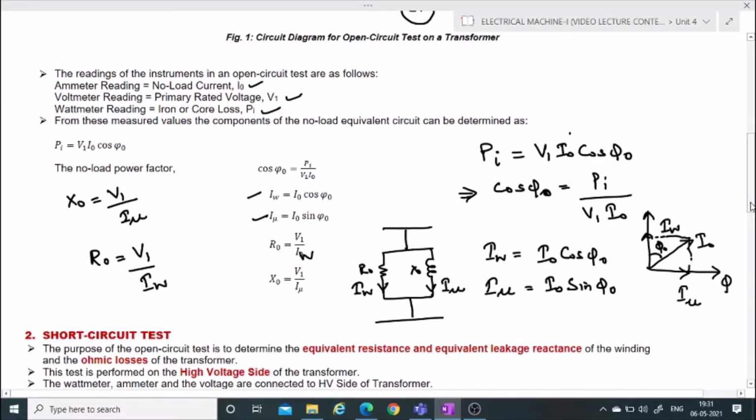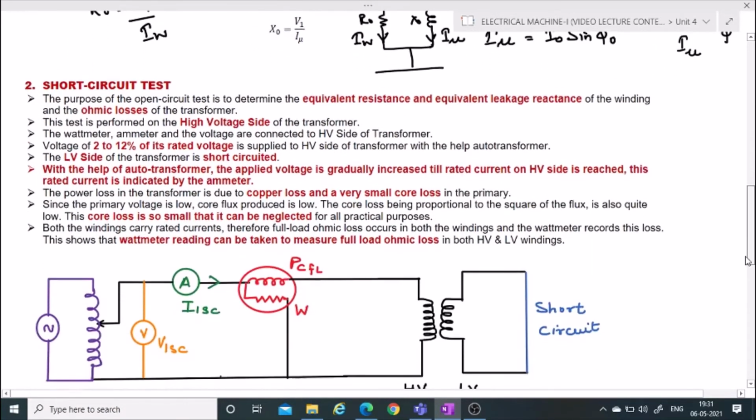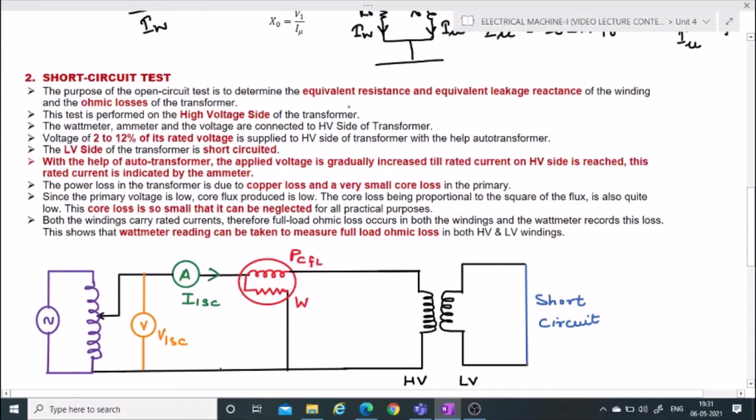Now moving further to the second test, that is the short circuit test. The highlighted words are the basic differences between the open circuit test and the short circuit test. As compared to the open circuit test, the short circuit test is to determine the equivalent resistance and equivalent leakage reactance, RE and XE.